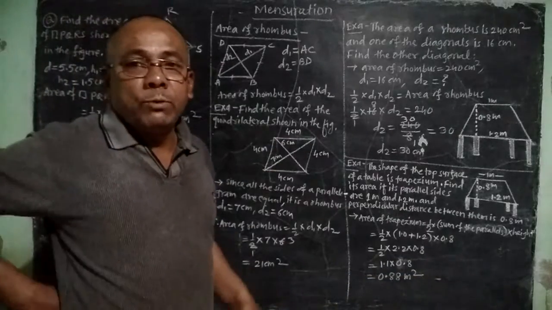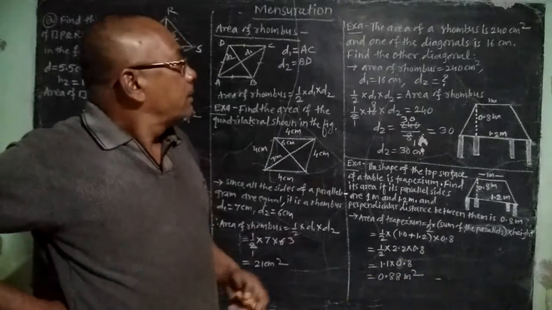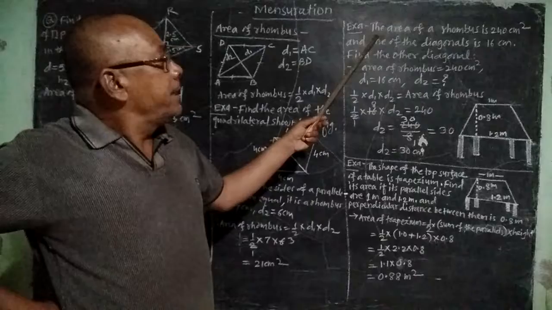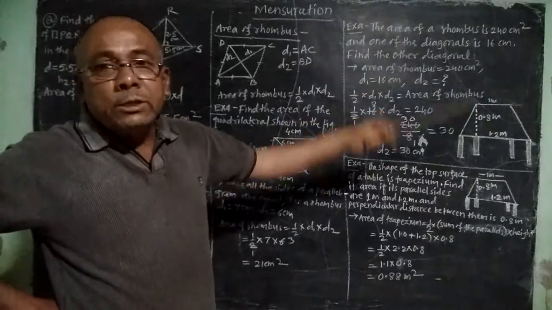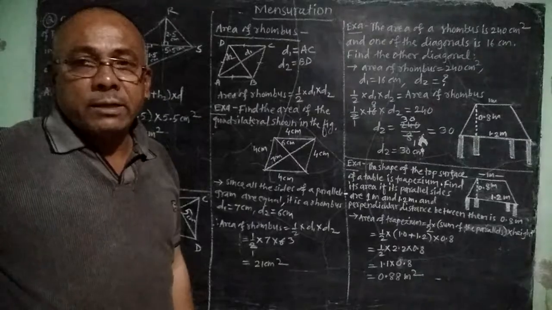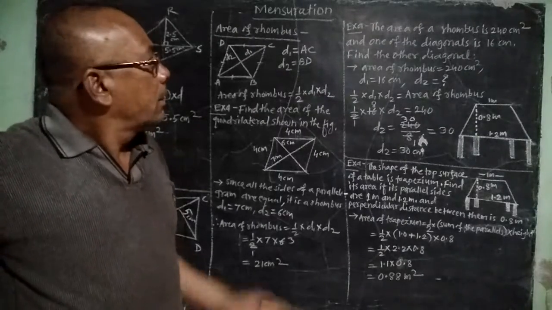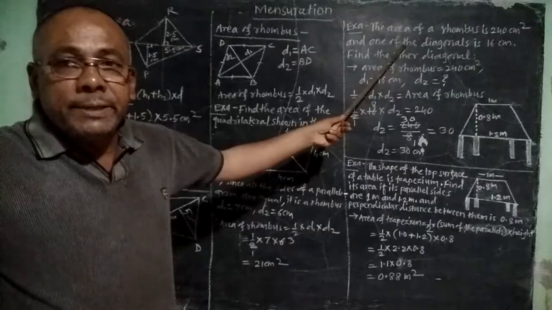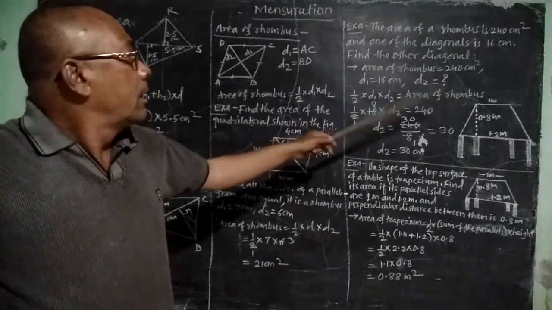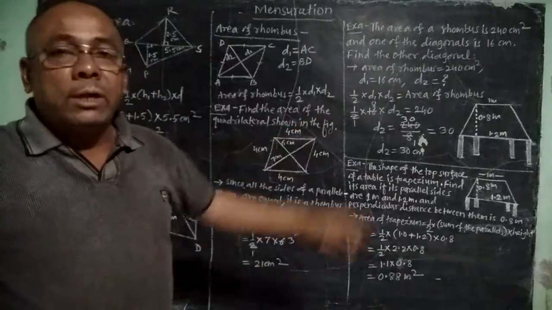There is one more example we have to see here. The area of a rhombus is 240 centimeter square and one of the diagonals is 16 centimeter. Find the other diagonal.